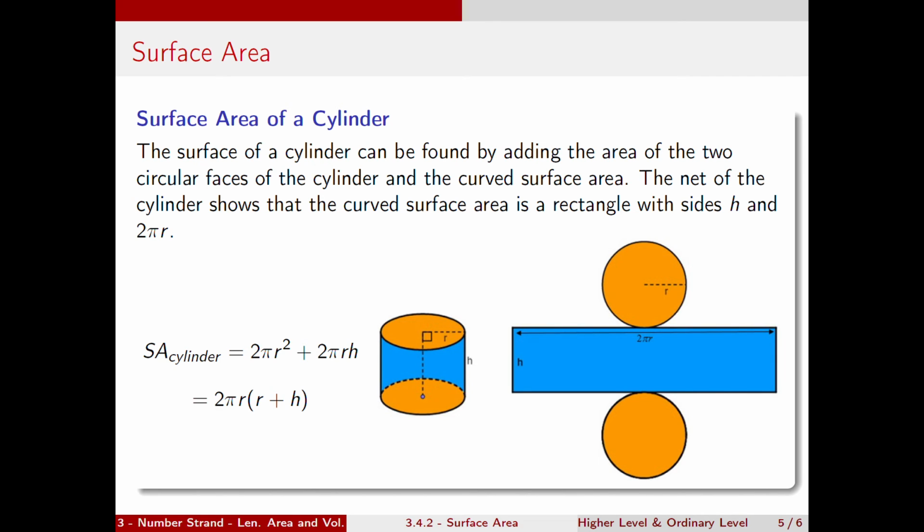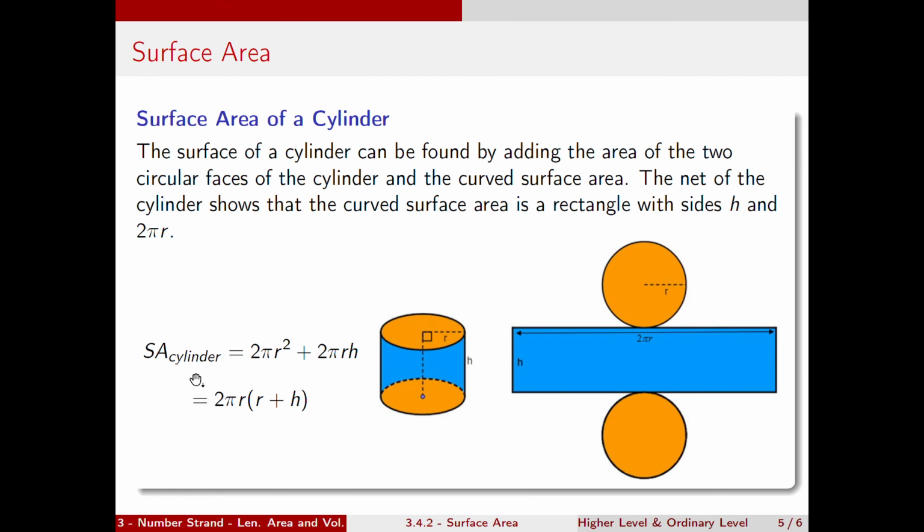The net of the cylinder shows that the curved surface area is actually a rectangle when it's stretched out. So the rectangle has sides of length h and 2 pi r, and the circles have radius length r.